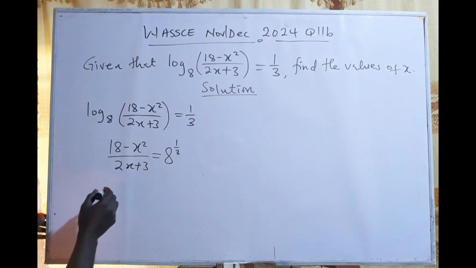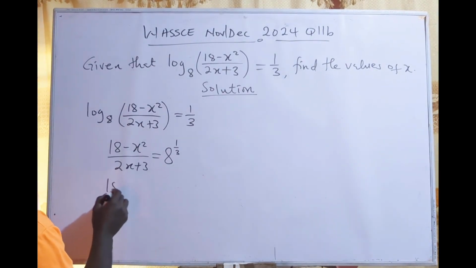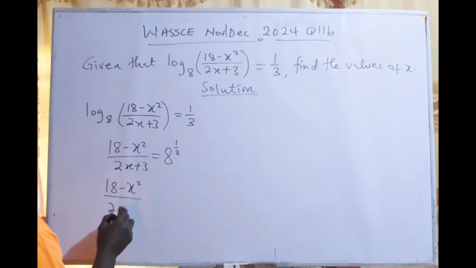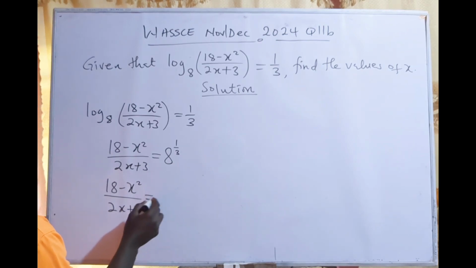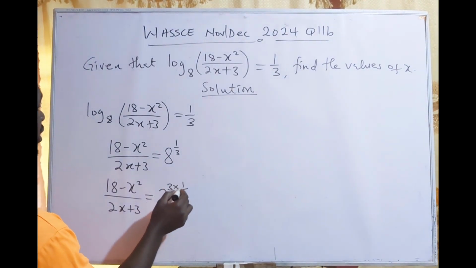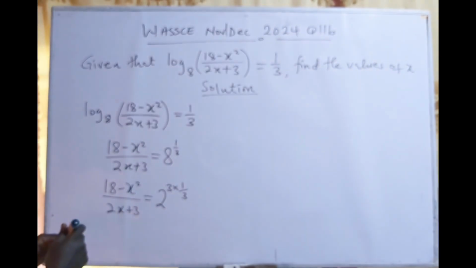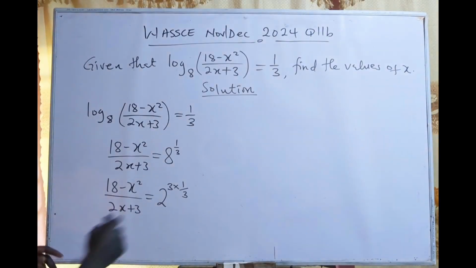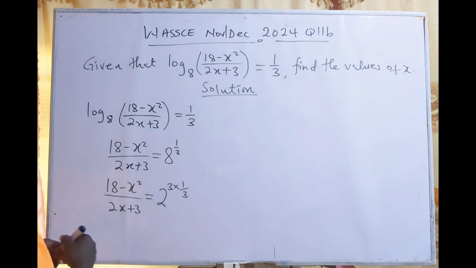Then 8 can give us 2 exponent 3, times the exponent 1 over 3. So we can write 8 as 2 exponent 3, then times the exponent of 1 over 3.